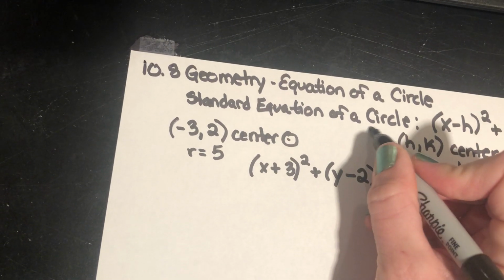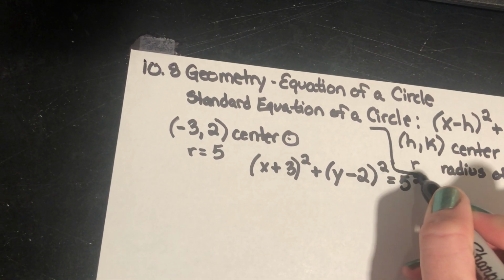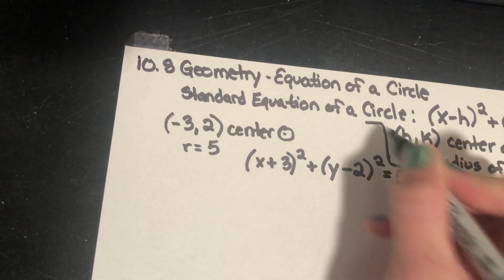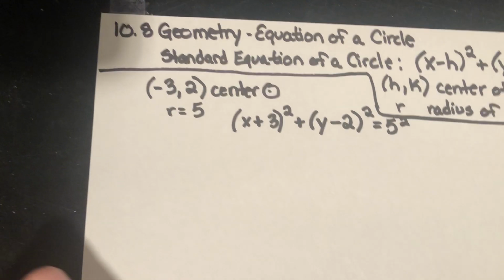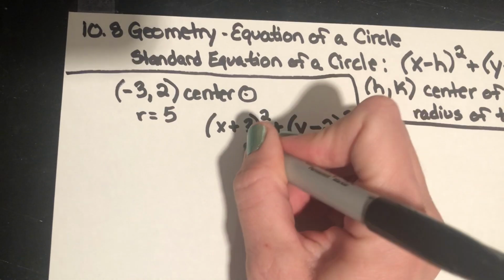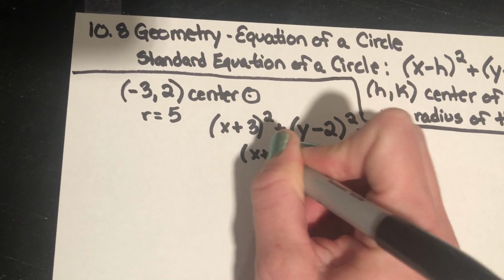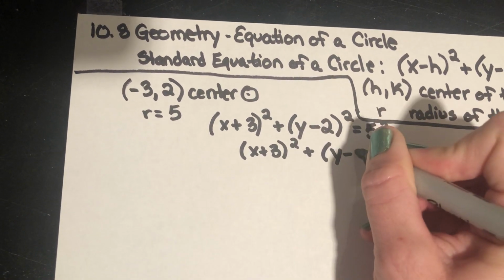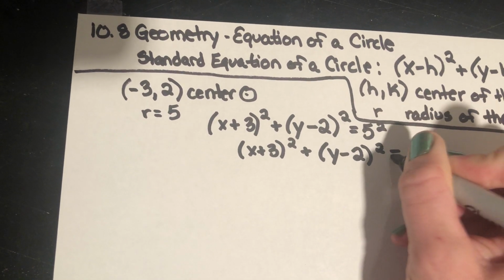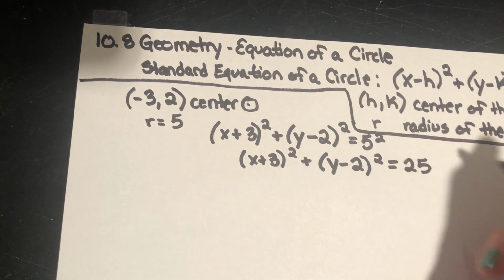So we simplify this to (x plus 3) squared plus (y minus 2) squared equals 25.